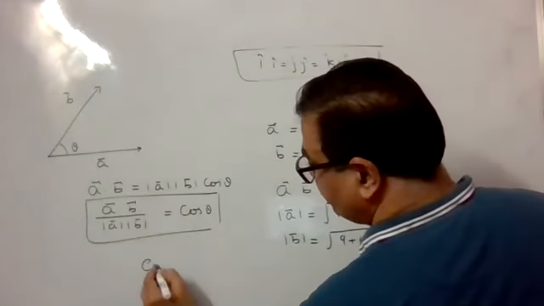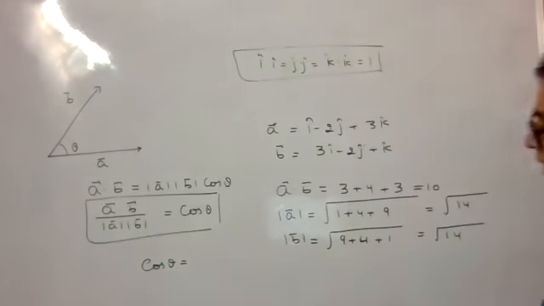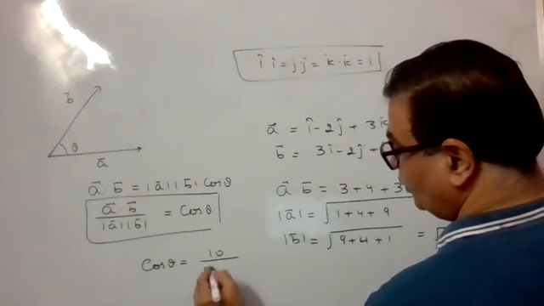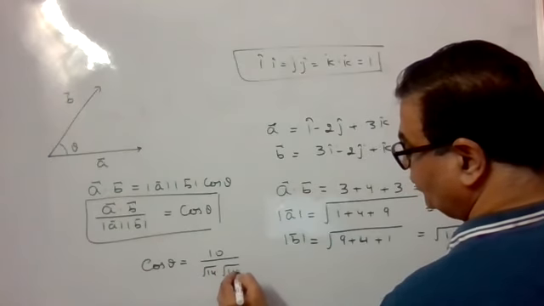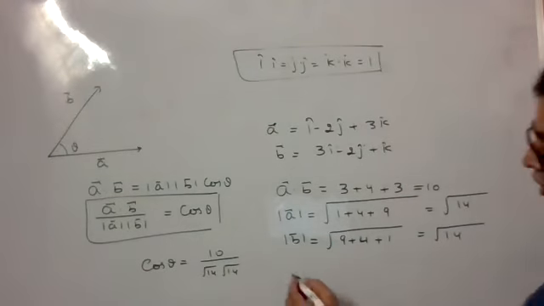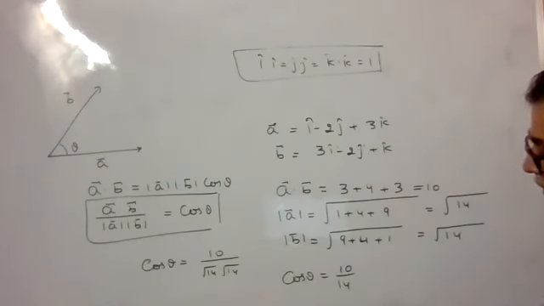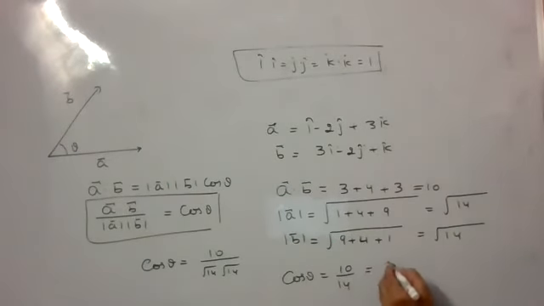So go for cos theta. A dot B comes out to be 10 by root of 14 into root of 14. Or I should say cos theta is coming 10 by 14, or it will be 5 by 7.